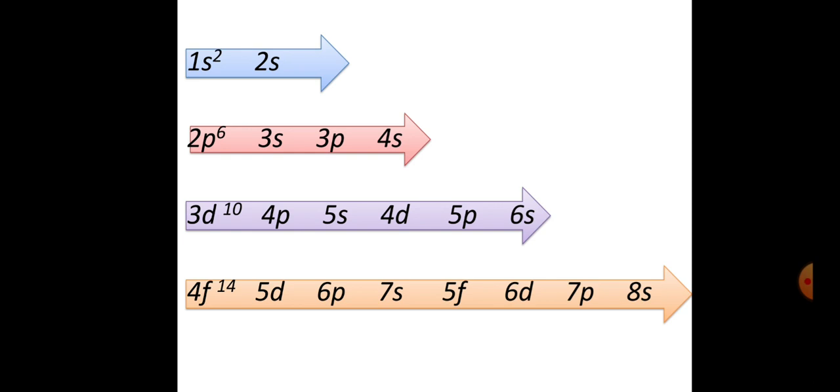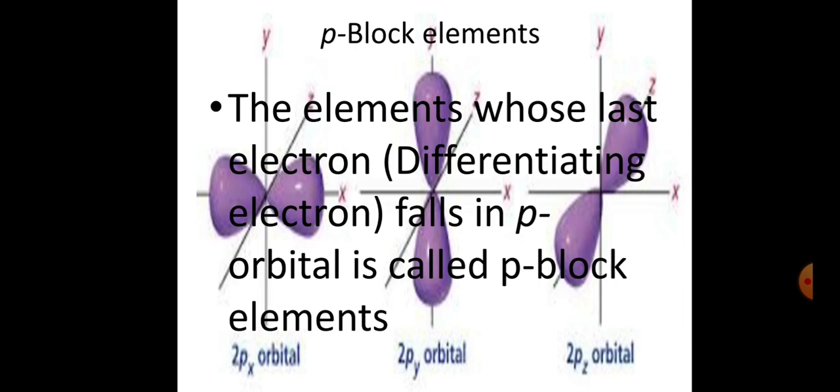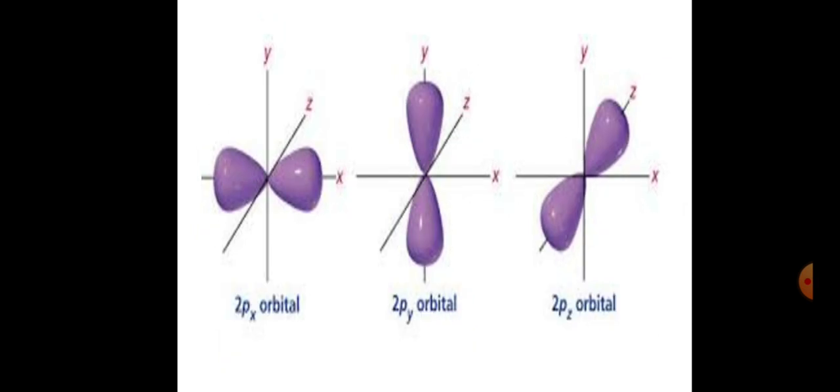So guys, next, start with the p block element introduction. What is the definition? Very simple definition: the element whose last electron, that is a differentiating electron, falls in a p orbital is called as a p block element. Guys, the background, you can see these orbitals. The p orbital actually is dumbbell shaped.